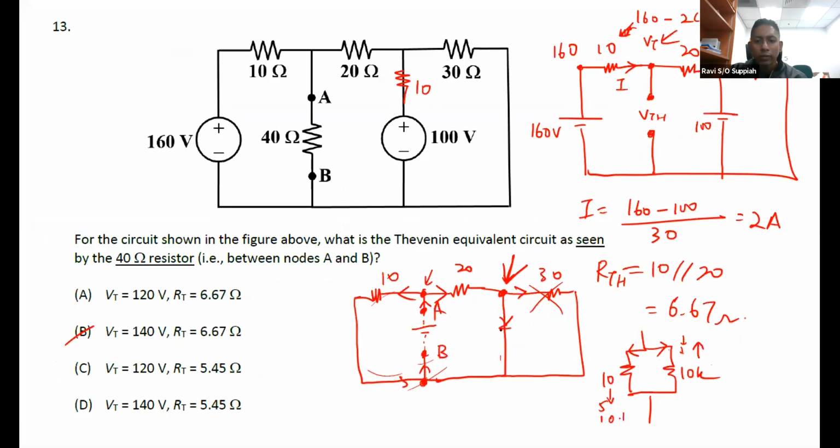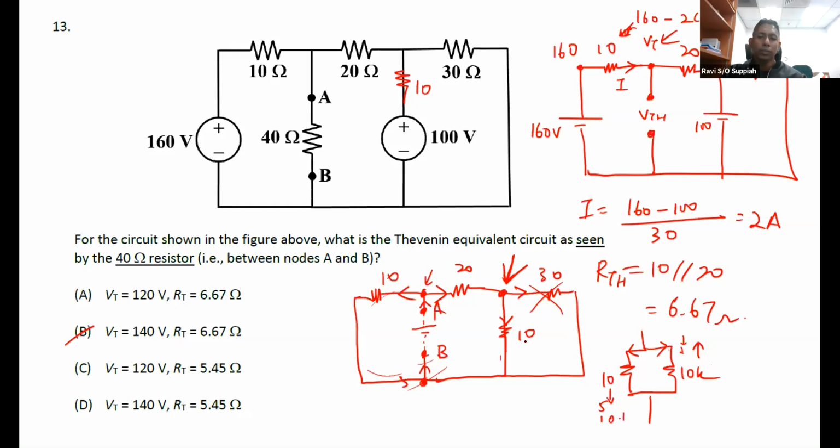Then at this point I will have to split some into 10, some into 30, because both have resistance. More current will flow into 10, less current into 30, but there will still be a split, so 10 and 30 are considered parallel.